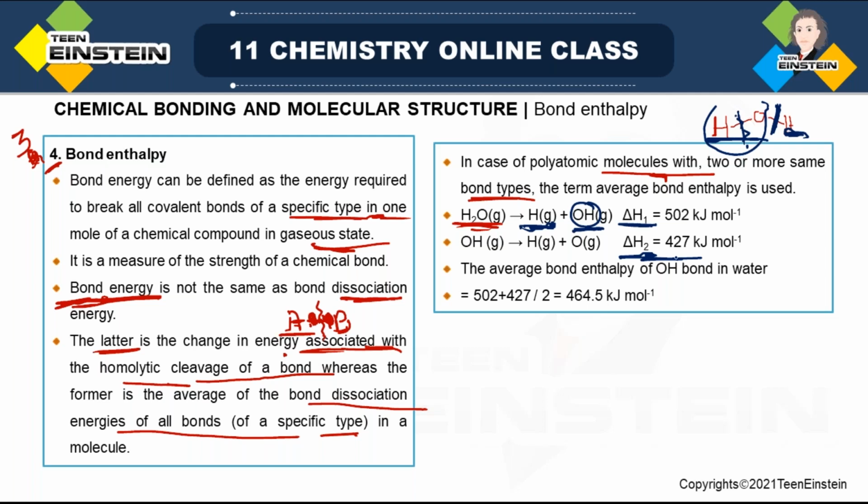So it is not necessary that both the HO bonds have the same value of bond dissociation energy. These two values are individually bond dissociation energy, not bond energy or bond enthalpy.